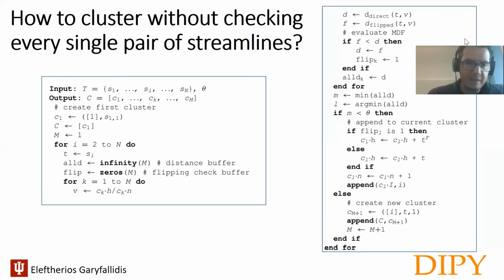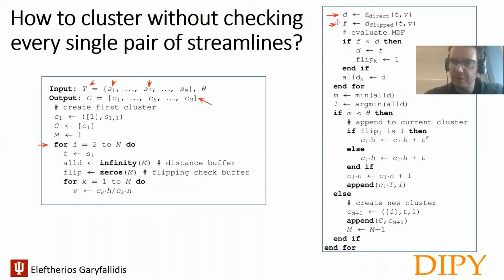And if you see the algorithm, basically, you have the tractogram here, and you have the streamlines coming in, and then the output is a clustering result. And what you do, you have here a for loop that goes through all the n streamlines. Then you have the evaluation of the direct and flipped distances.